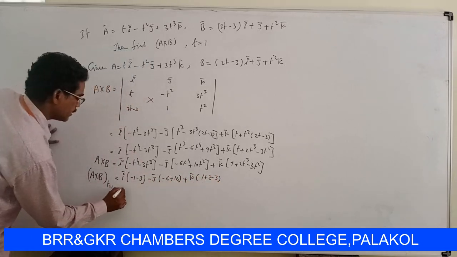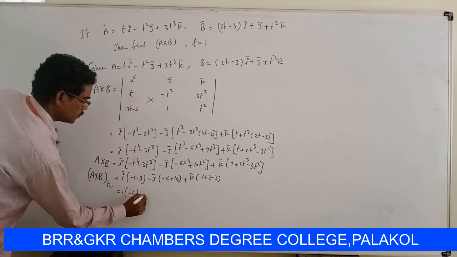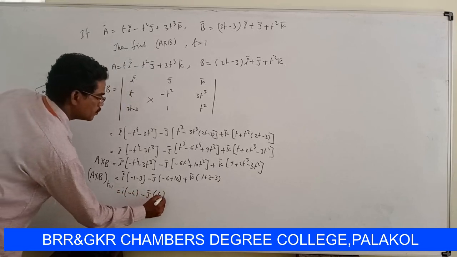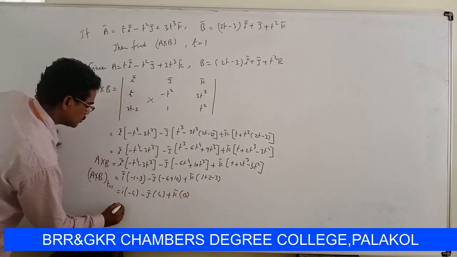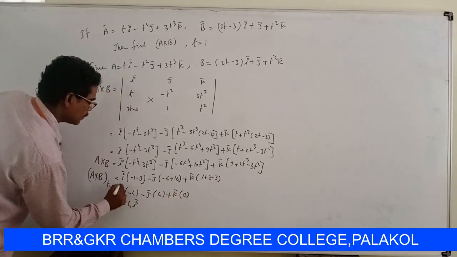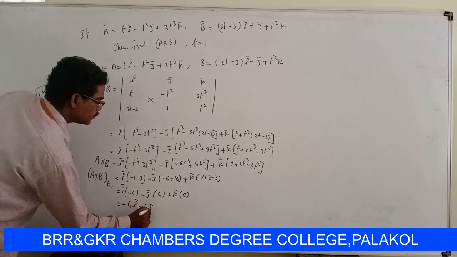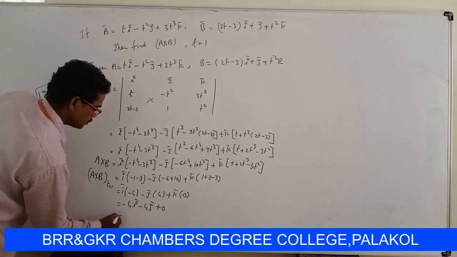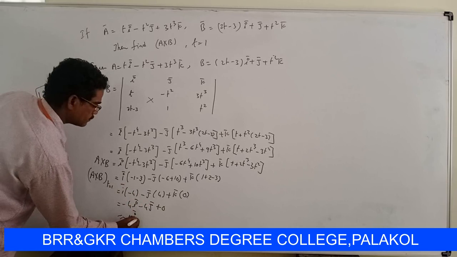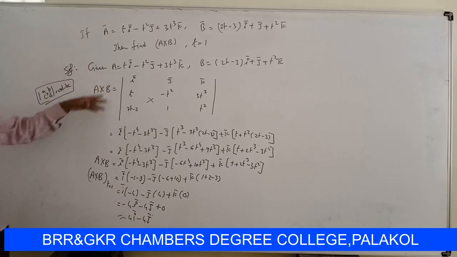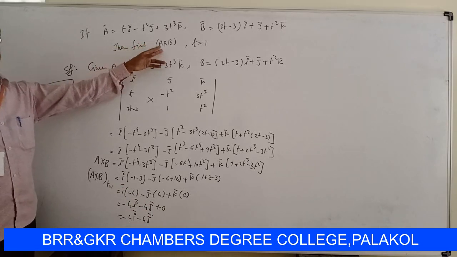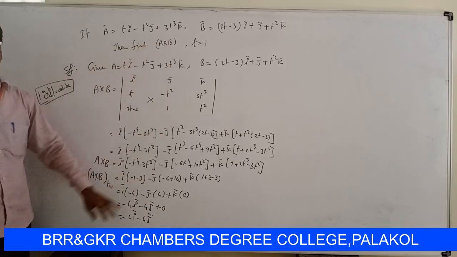It simplifies to minus 4 i minus j into 4 plus k into finally 0. So minus 4i minus 4j plus 0, it is minus 4i minus 4j. So this is the value of a cross b at the point t equal to 1.